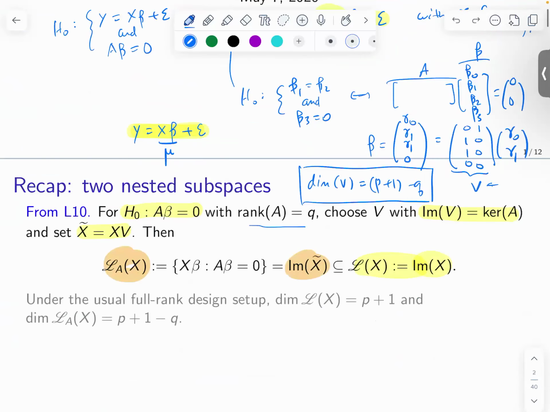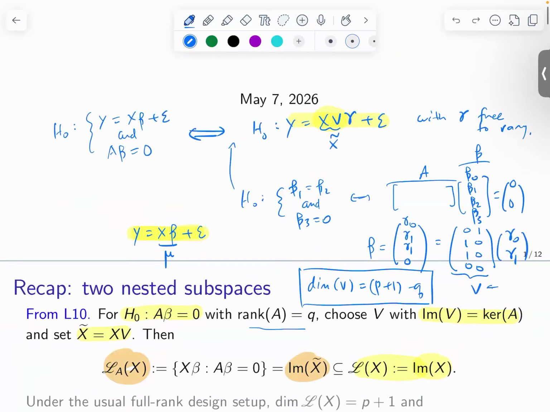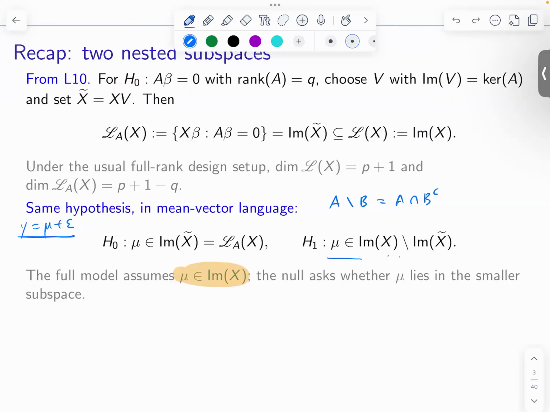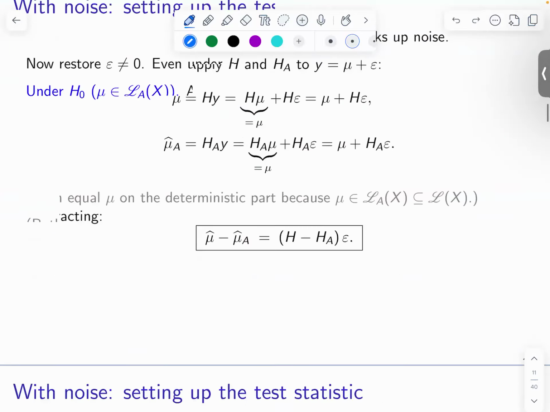Yeah, for example, these are the constraints that we put on the coefficients, which then translate into constraints on the mu. So you can view it as constraints on the mu. Under the null, we have a smaller subspace for mu. So it's more constrained than if we were not under the null. You can think of it as fewer degrees of freedom.